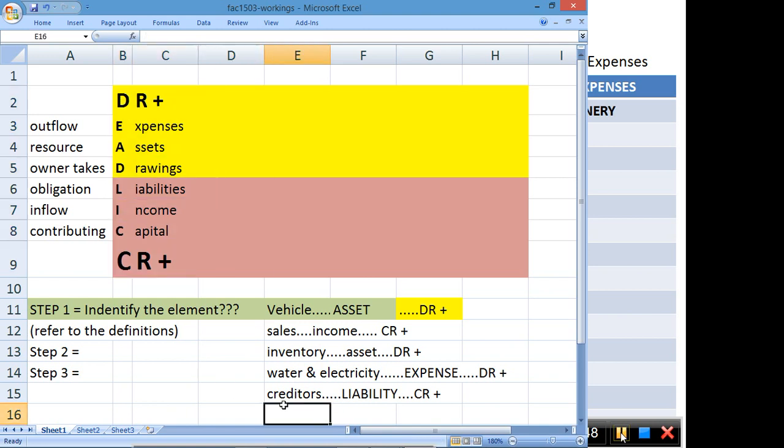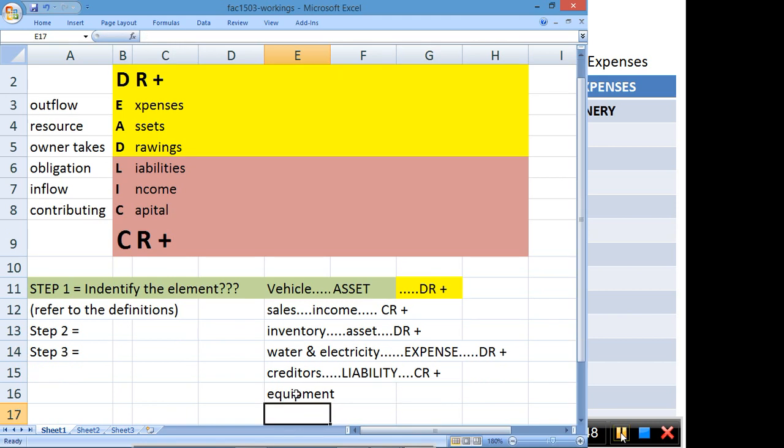Okay, last one more. Let's talk about equipment. What is it? Capital.